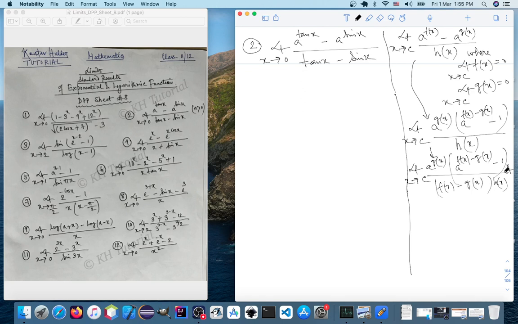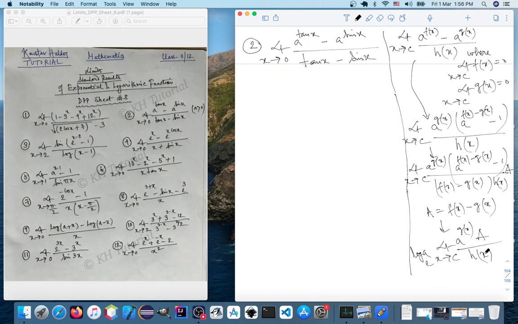I'm writing it as a placeholder, where a is fx minus gx. So this part, a to the power fx minus gx minus 1 divided by fx minus gx, this whole part will be log a. Now this limit becomes, after we have applied, log e a times the limit x tending to c of a to the power gx over h x.